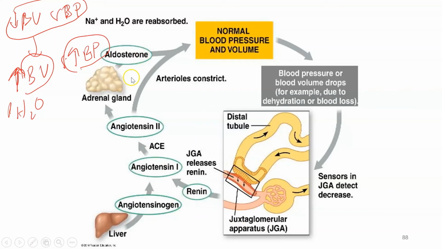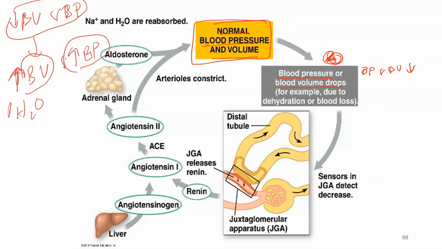Okay, so here it says normal, kita tengok dekat kotak kuning dulu, the yellow box. Normal blood pressure and blood volume. Okay, situasi yang berlaku sekarang ni adalah blood pressure and blood volume drops.